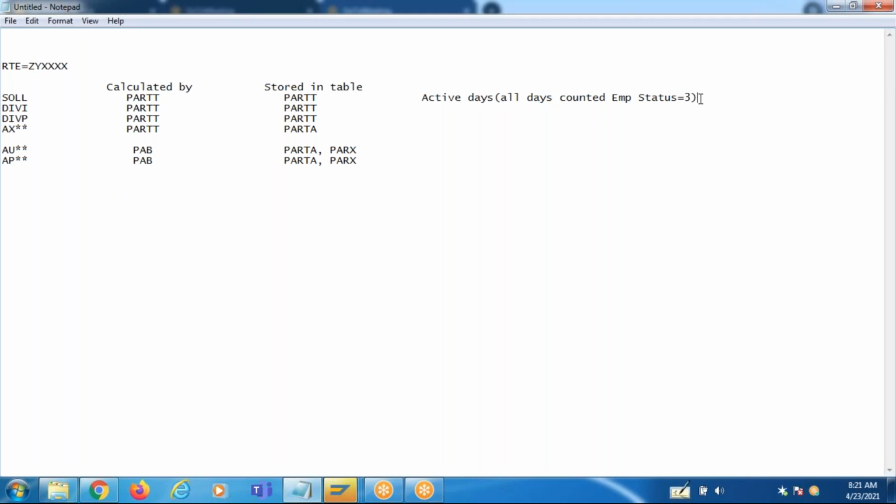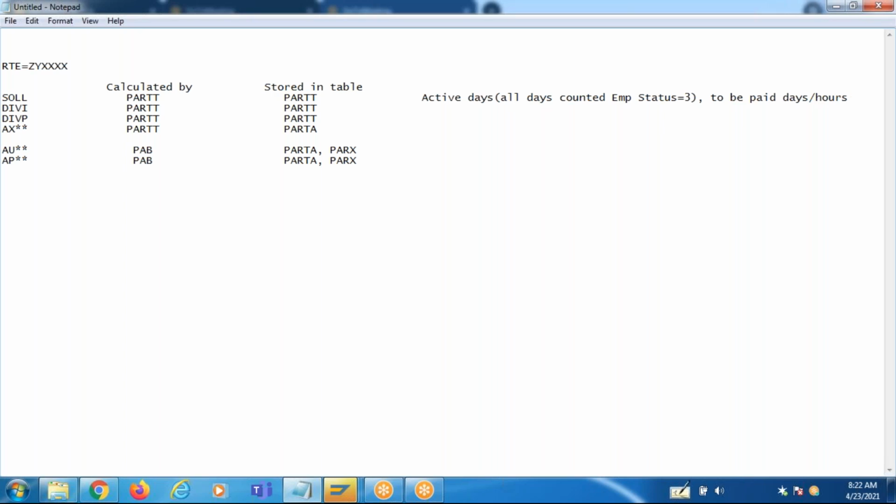The active days you can also call the to be paid days, the actual days to be paid to the employees. I'm explaining this in general terminology, not in the terminology used by SAP.